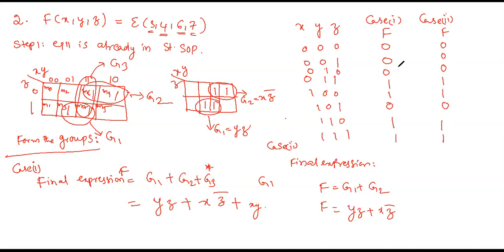So both expressions in the case 1 and case 2 are giving the same output. But here we are having two groups, G1, G2. Here we are having three groups. Along with G1, G2, we are having the G3 group.